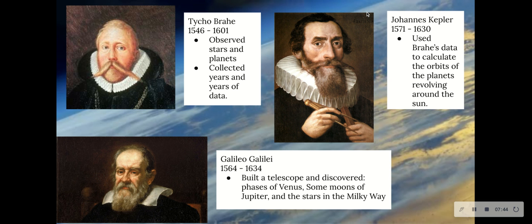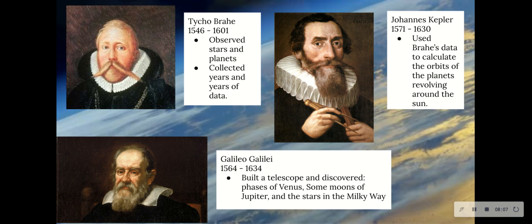There are rumors that Johannes Kepler killed Tycho Brahe so he can have Tycho Brahe's data, because Tycho Brahe wasn't ready to show all the data he collected.